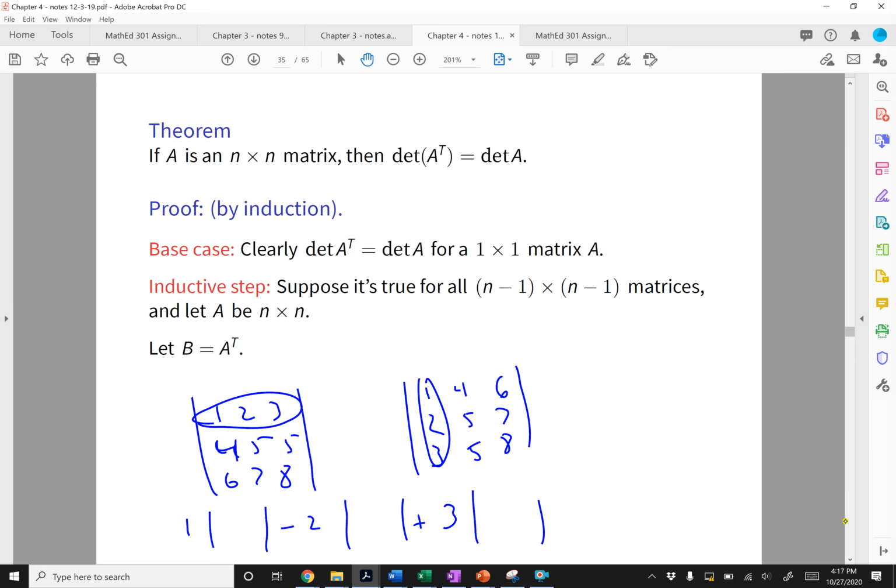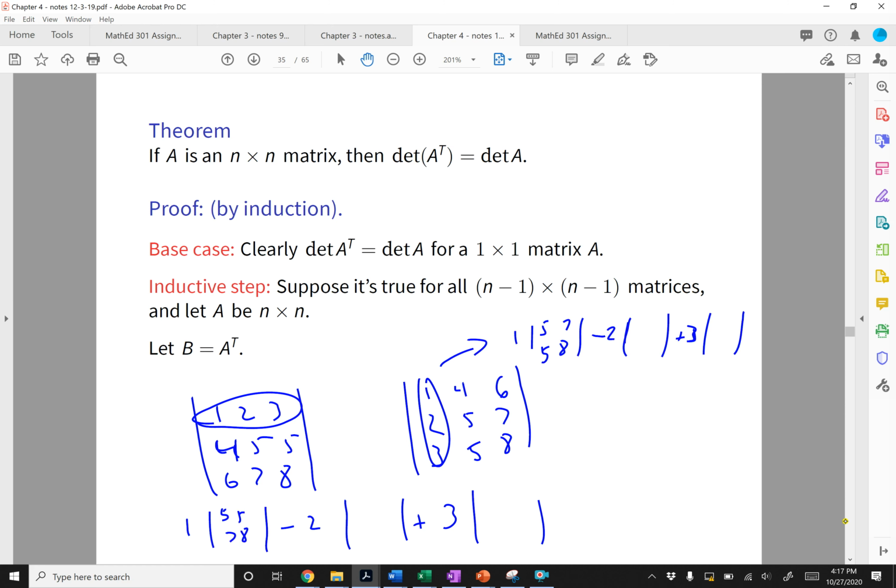Are the minors going to be the same? If I eliminate the row and column with the 1 over here, I get 5, 5, 7, 8. Or over here, I get 5, 5, 7, 8.